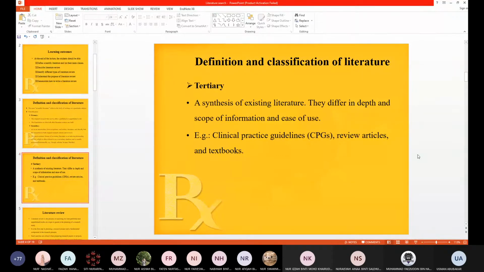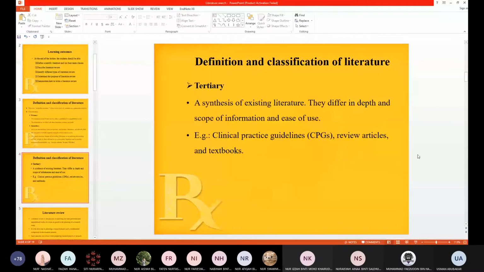An example of this is what we call clinical practice guidelines. There are several of them, and I believe even Malaysia has several kinds of them. You have clinical practice guidelines for treatment of diabetes, anemia, hypertension, heart failure. All of these conditions have their own clinical practice guidelines. And these guidelines are actually a comprehensive review of available information. So you can actually use them.